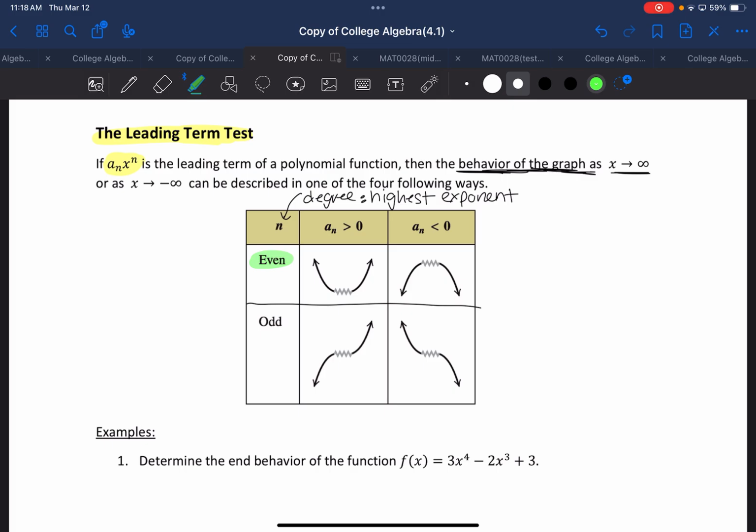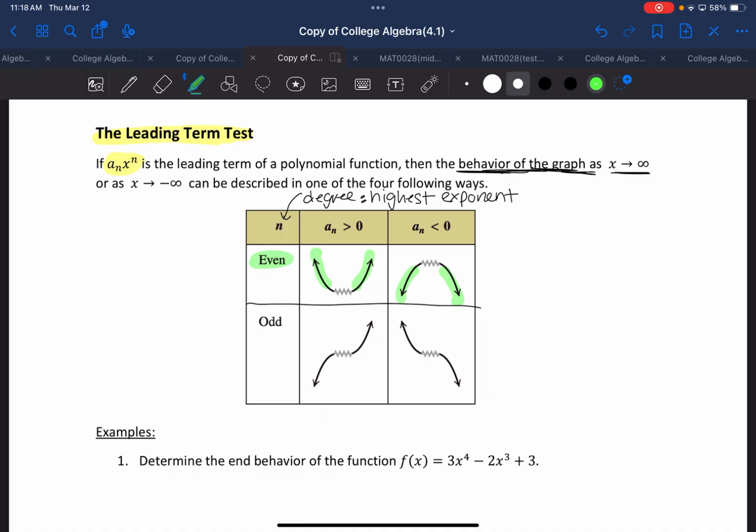So remember that: it's even, it's doing the same thing on both ends. There are two cases. It's either going to be both going up, like smiling, or both going down at the ends, like frowning. The squiggly lines in between mean that other things can be happening in between. We're just talking about the very end behavior of our graph.